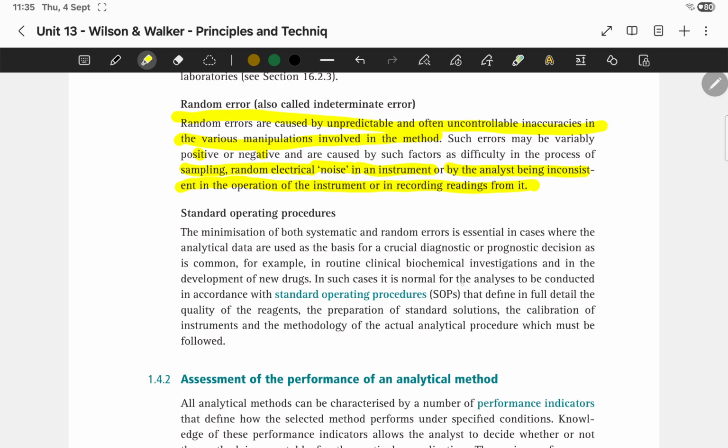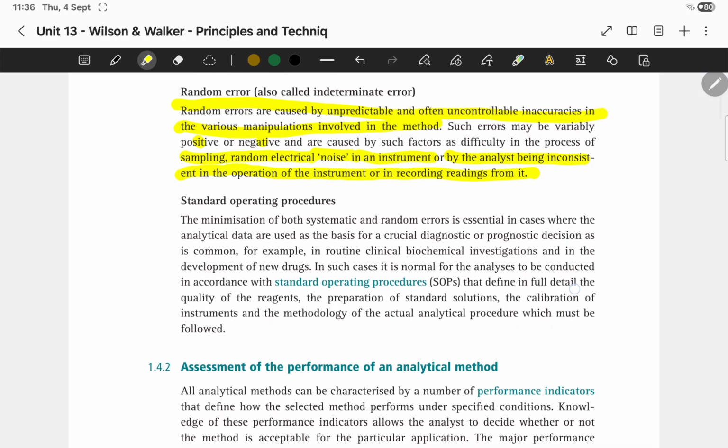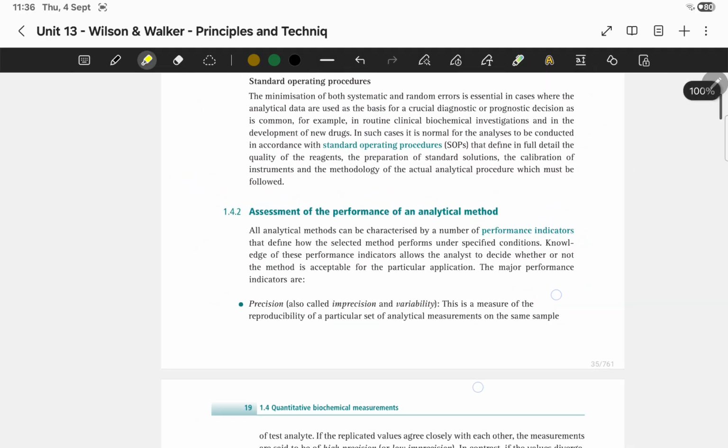In such cases, it is normal that the analysis be conducted in accordance with standard operating procedures that define in full detail the quality of the reagent, the preparation of standard solutions, the calibration of instruments, and the methodology of the actual analytical procedure which must be followed.